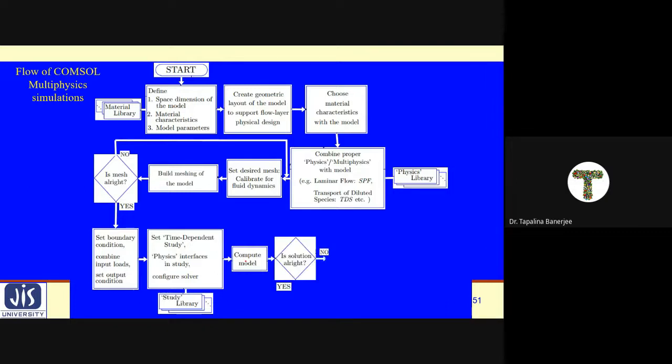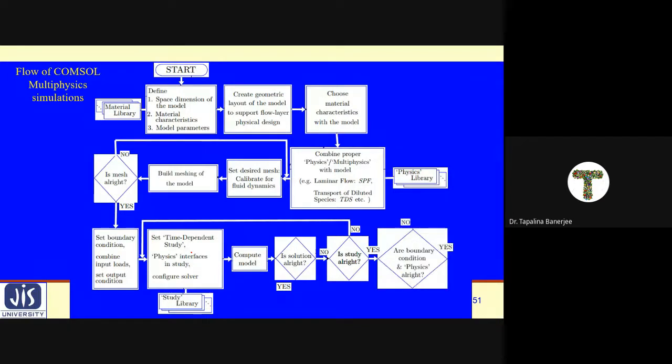Then, if the solution is not right, we have to check whether our study was right or not. If it is not, then we have to change the study settings accordingly. But if the study settings are fine, and the boundary conditions and physics are wrong, then we have to change them.